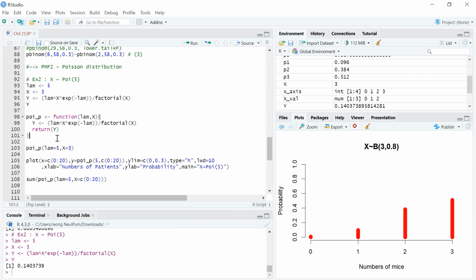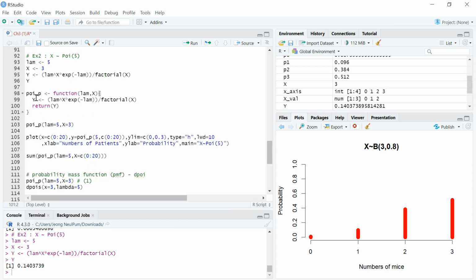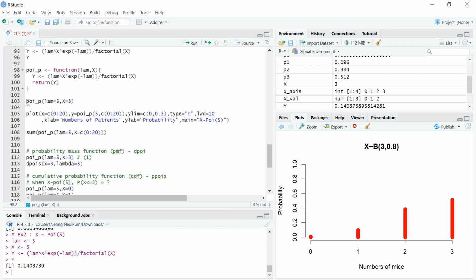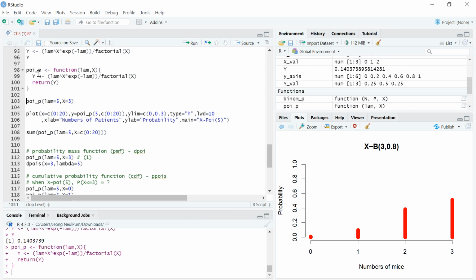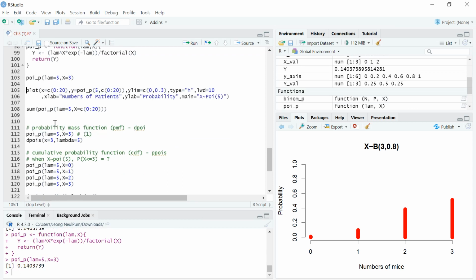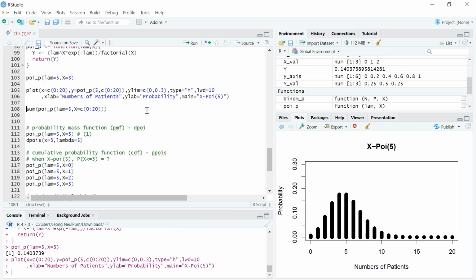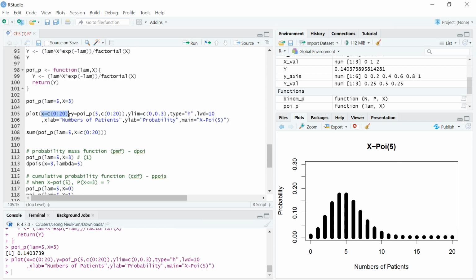And as I already have done before, we can also make it by using the function here. We can also plot each x value and each y value, each probability.